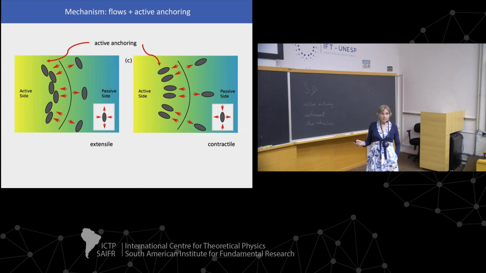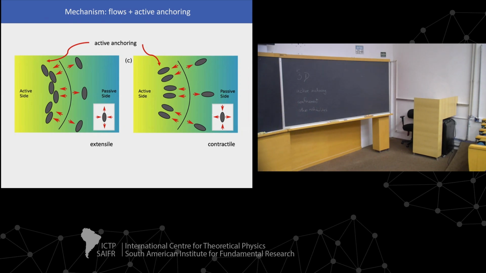Right, so let's have a small, so this thing here is the active side, and that's the passive side. And here's the boundary between the active and the passive. And let's assume there's a tiny fluctuation, so you have more active fluid over here and more passive fluid over there. All right, so it is really an instability.